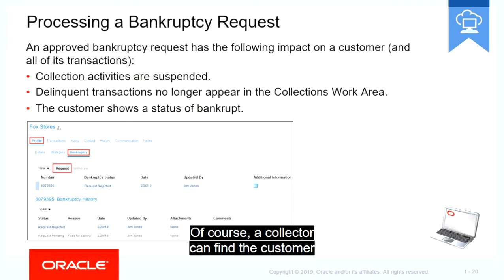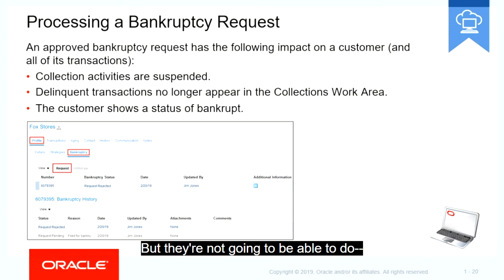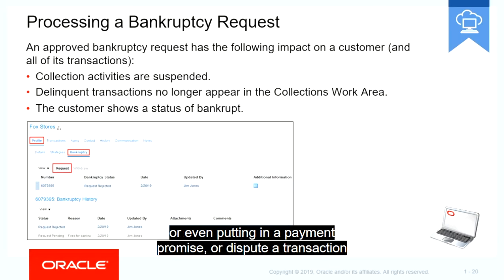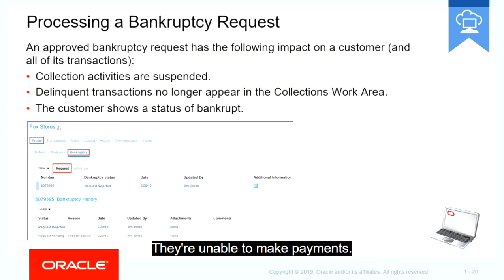Of course, a collector can find the customer and view the transactions associated with the customer, but they're not going to be able to perform any collection activities such as receiving a payment or even putting in a payment promise or dispute a transaction, because again the customer has filed for bankruptcy. They're unable to make payments.